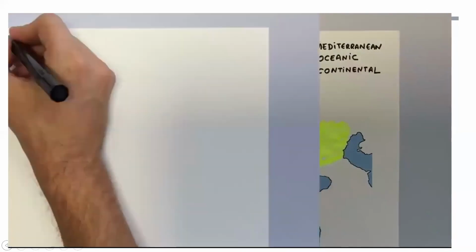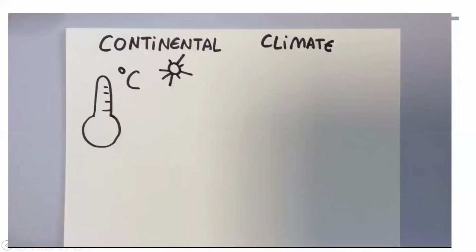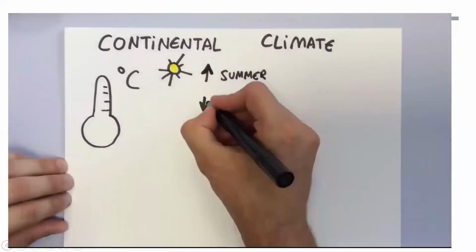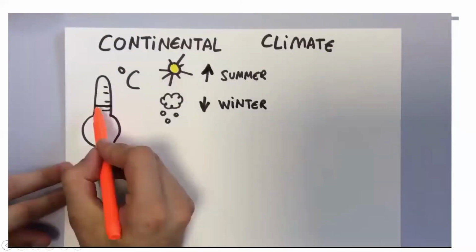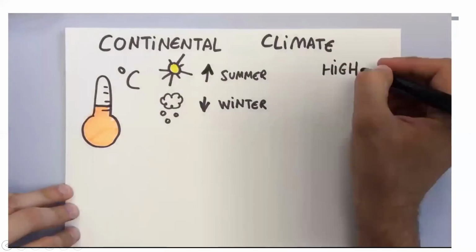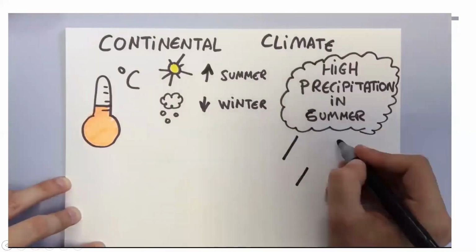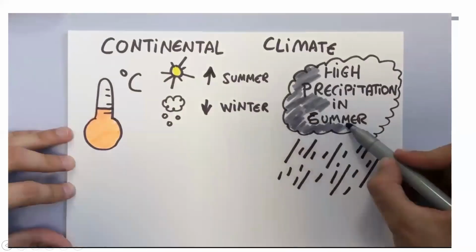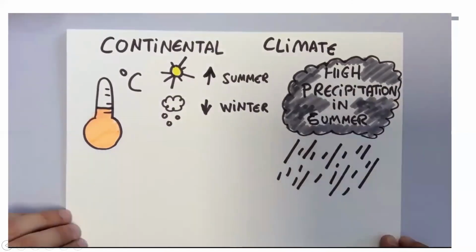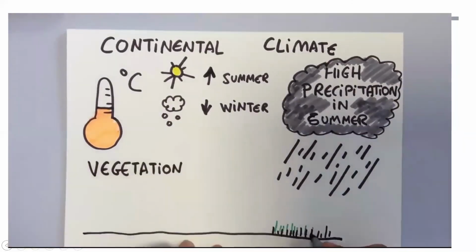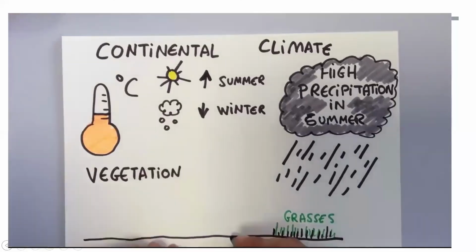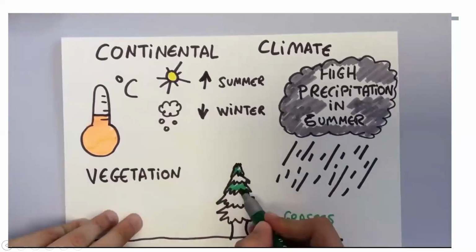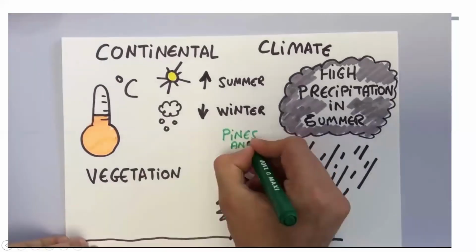Now, what about continental? For example, here they have a lot of precipitation in summer, and as you can see, the vegetation is completely different.